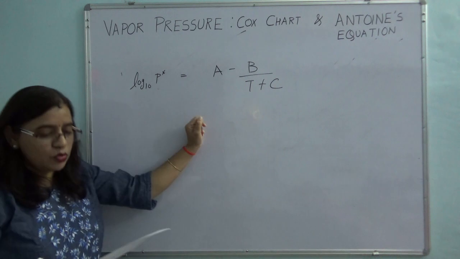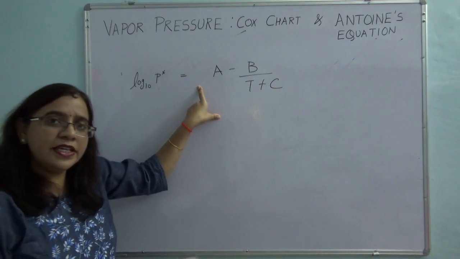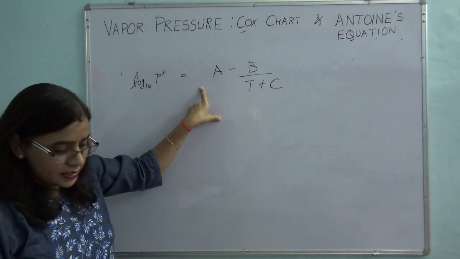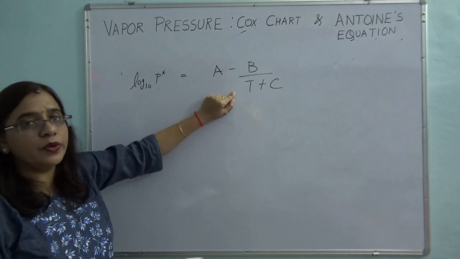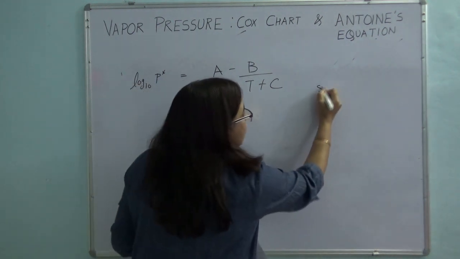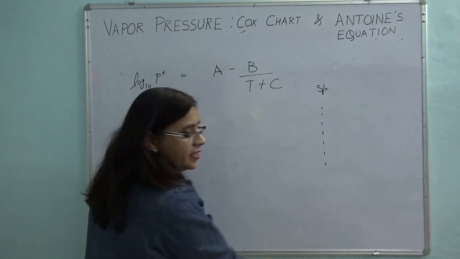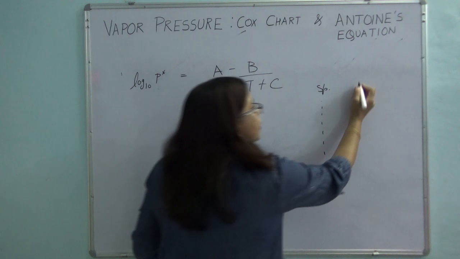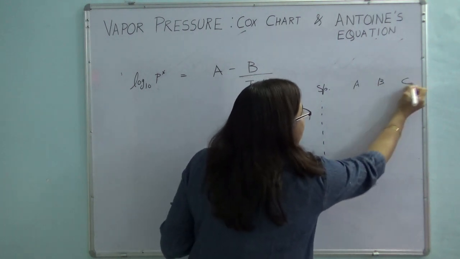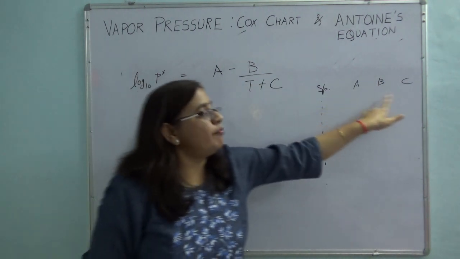If you go and see in your book by Felder, this is given in table B4. You will have lots of compounds listed here: ethanol, chloroform, benzene, whatever. And corresponding to that you have values of A, B and C which have been listed.